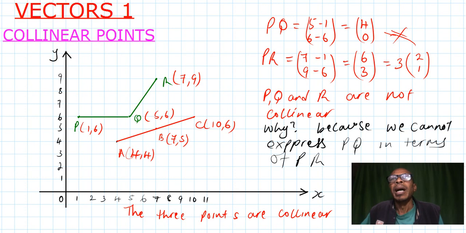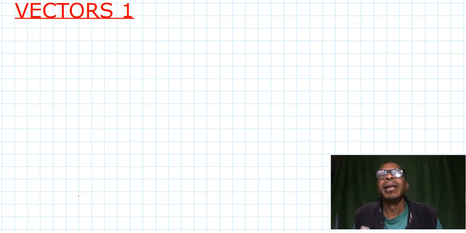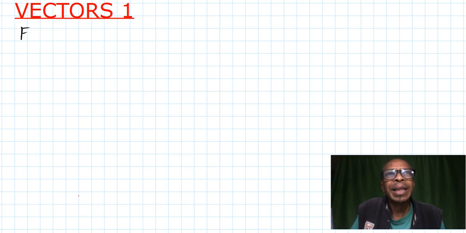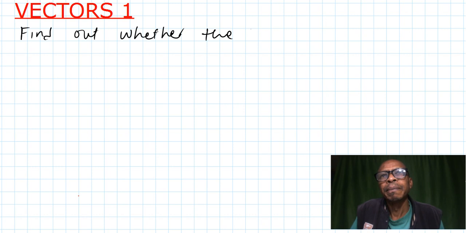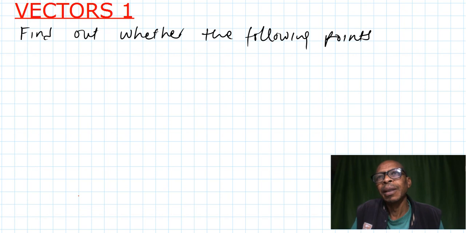We can try some other points. Let's say we have now, without the Cartesian plane, how can we show that 3 points are collinear? So we can say, find out whether the following points are collinear.